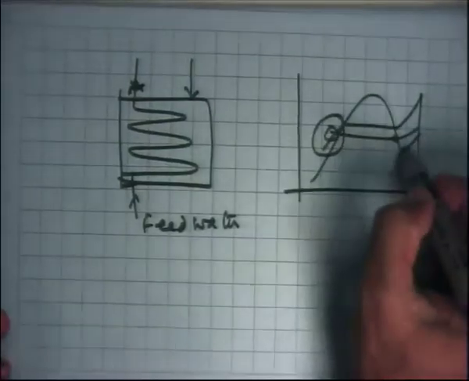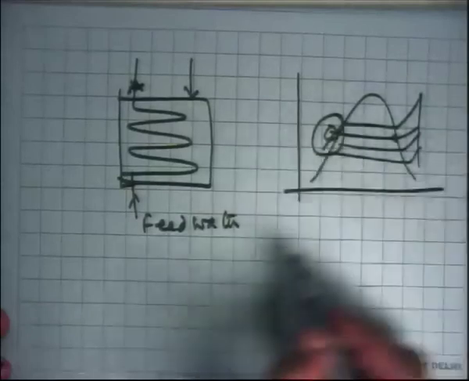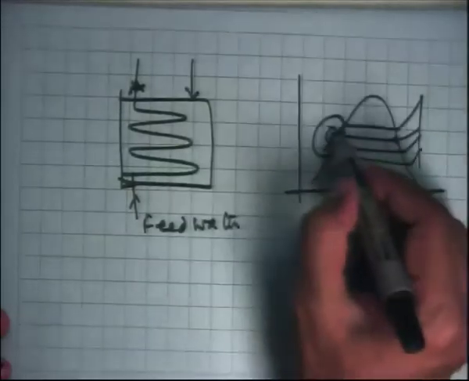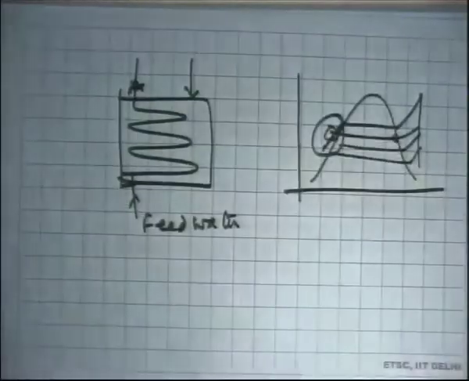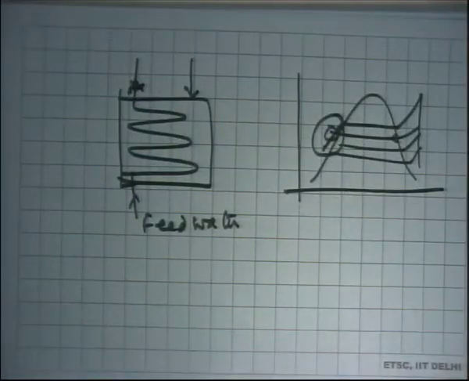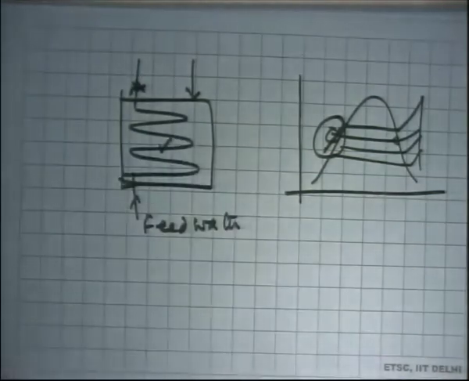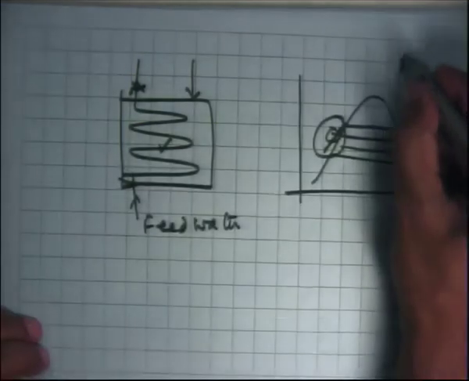So you bleed steam from the turbine at different locations and use a feed water heater at each of these locations to heat it from one point to the other. So the entire liquid water heating, while the feed water is still in liquid state, is done using regeneration. So you have a regenerative cycle.